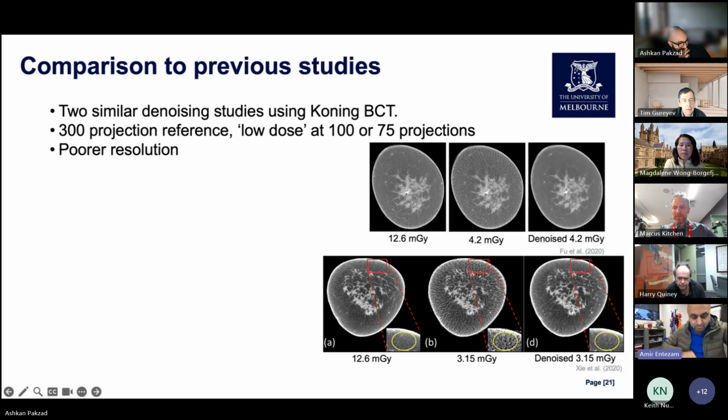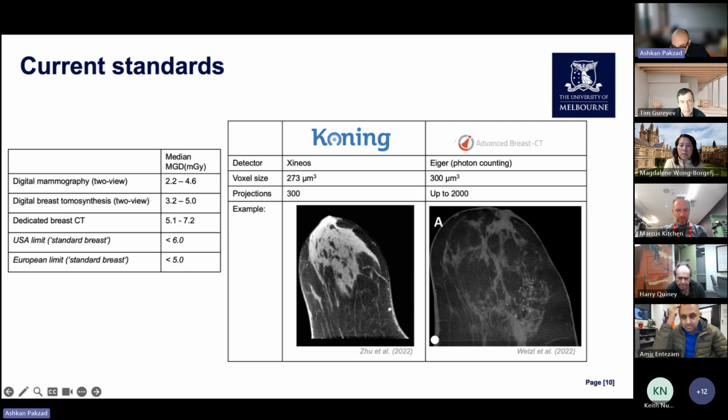If you can go to page 10, if I'm not mistaken, you mentioned that the Conning system uses 300 projections, which seems relatively low.